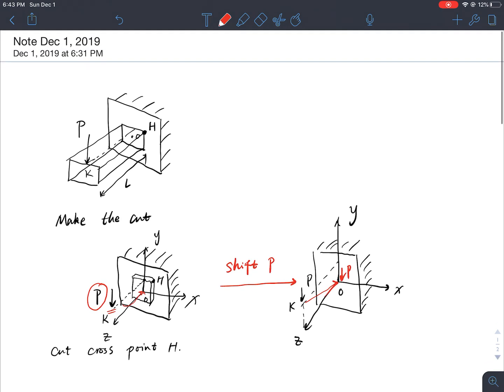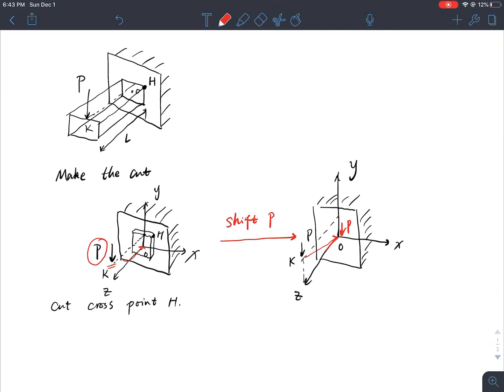By decomposition, I travel a distance L, and I also travel a height of h divided by 2, where h is the height of the section.